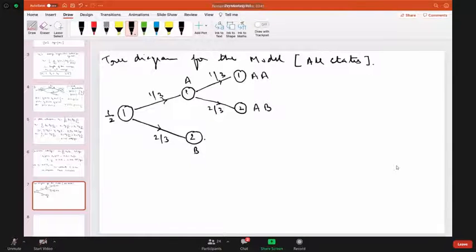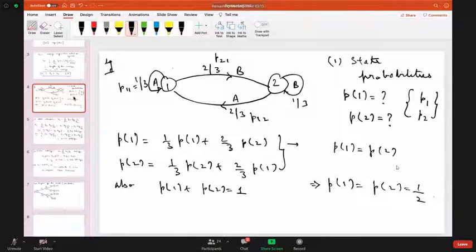Now you come to this side. Here you could either go to 1, and the transition probability is 1 by 3. B was already there, and now A will be emitted, so you get BA. Then you can come to 2 again, from 2 with a transition probability of 2 by 3. I hope I'm writing the values right.